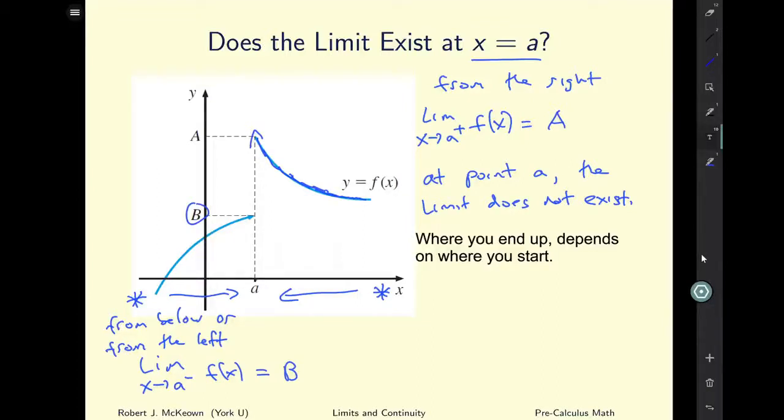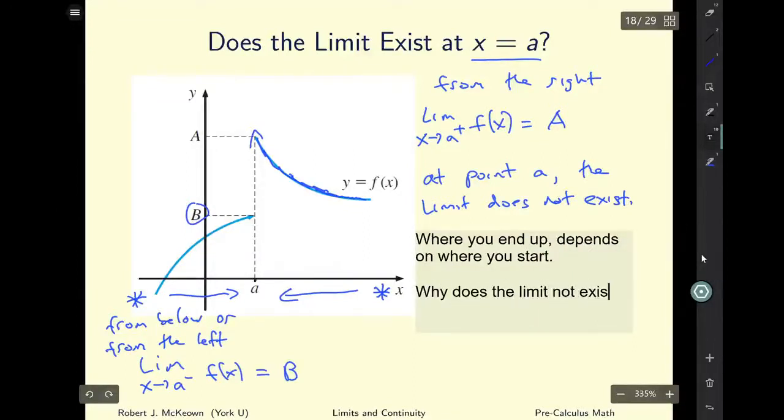And so where you end up depends on where you start. And we say here that the limit does not exist. And why? Why does the limit not exist? Because the left and right one-sided limits do not agree.